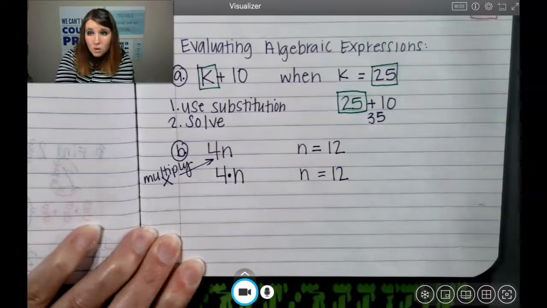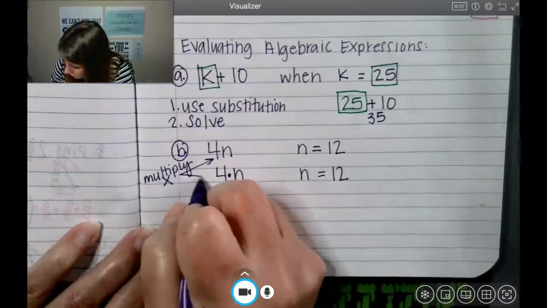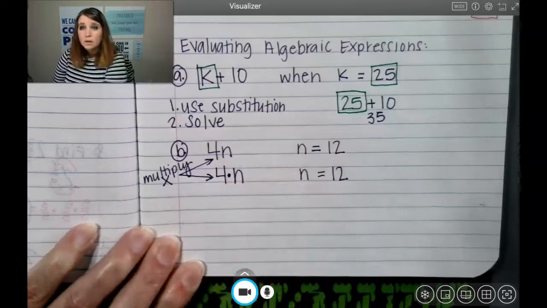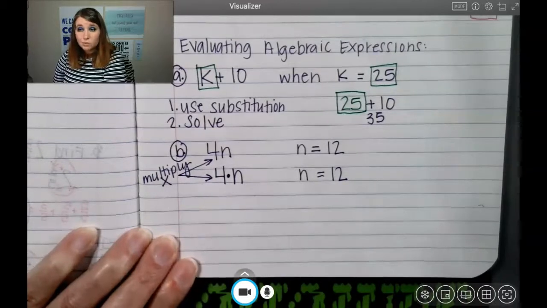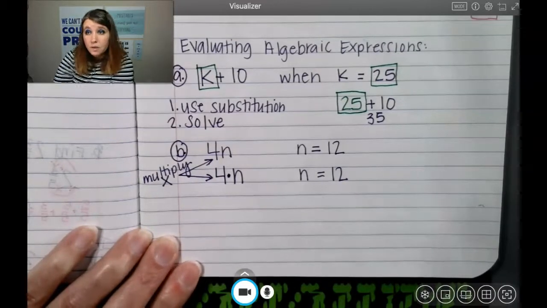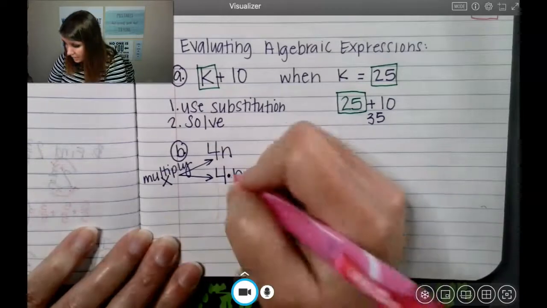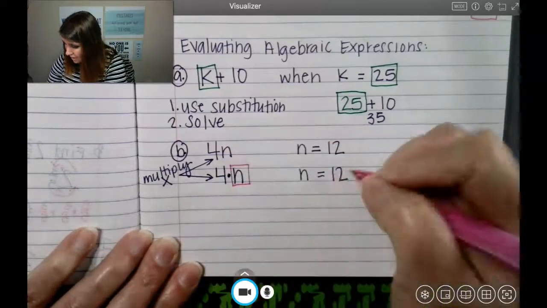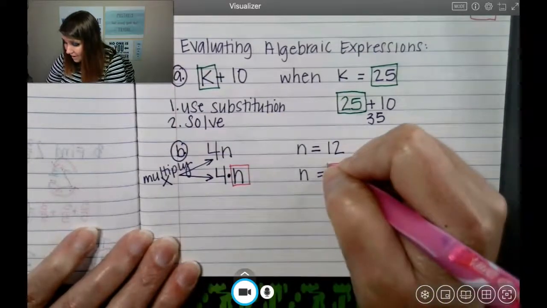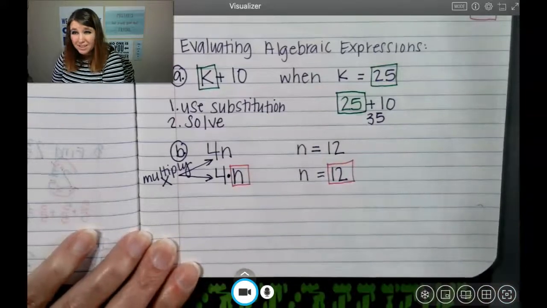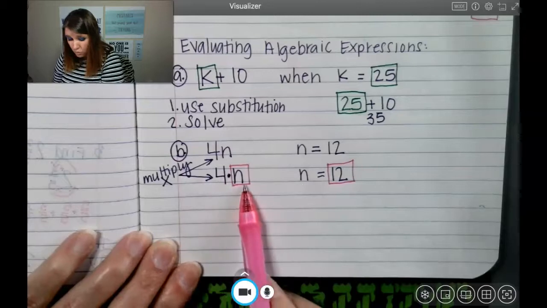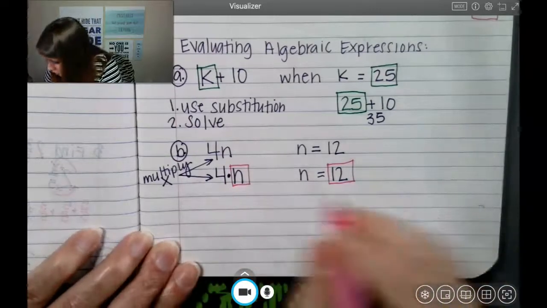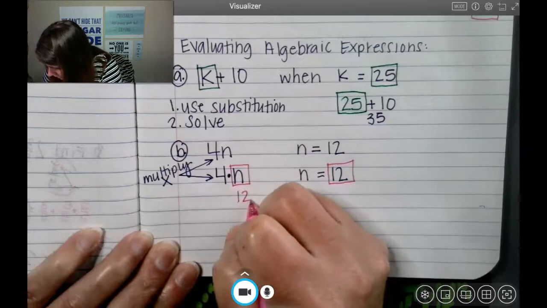So now I've rewritten it so that it looks like an actual multiplication problem. So I'm going to take this n and make it a 12. So really, this problem says 4 times 12. So I'm going to put the 12 right there.